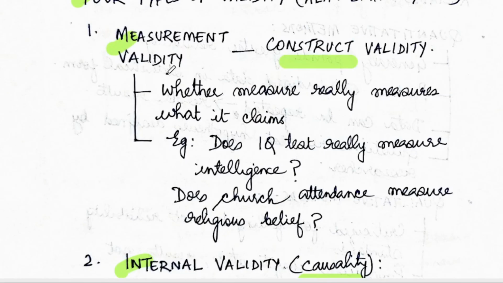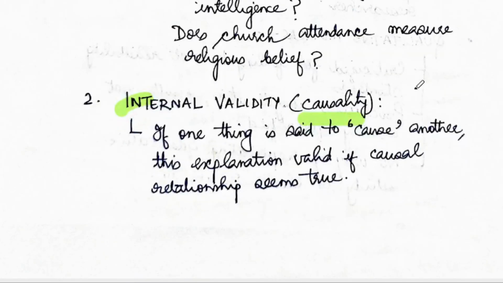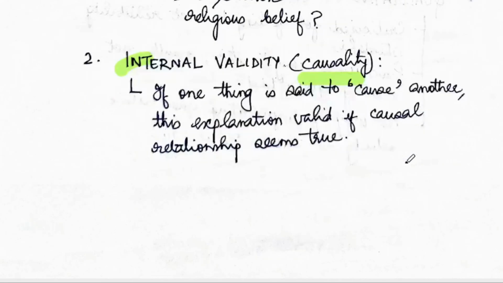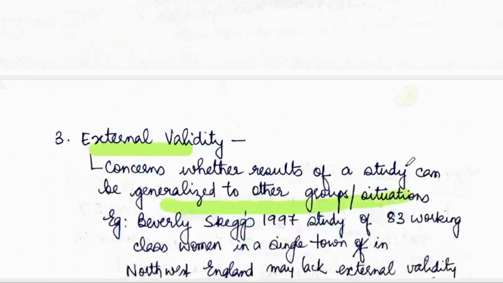Measurement validity, where it questions the measuring tool itself, whether it is actually measuring what it claims to. Second is internal validity or causality, where we say that X causes Y. Here we have to rule out all other factors which might lead to Y, and we have to confirm that it is actually and truly the X which is causing Y. In our example, it was education causing empowerment, where we ruled out any other cause.